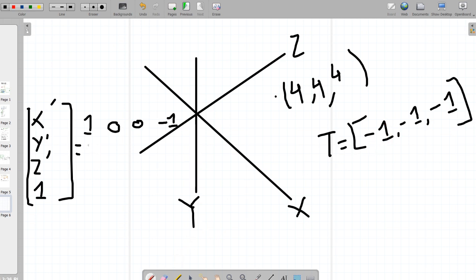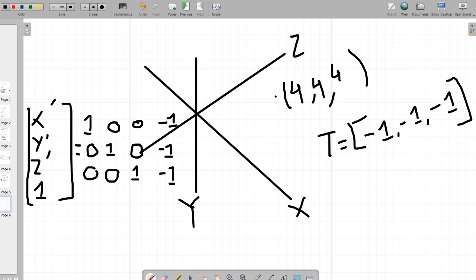Then you have to assign the next row 0 1 0, then ty, and ty is -1 for this problem. Then you have to place the row for z, 0 0 1, then tz, and tz is again -1.